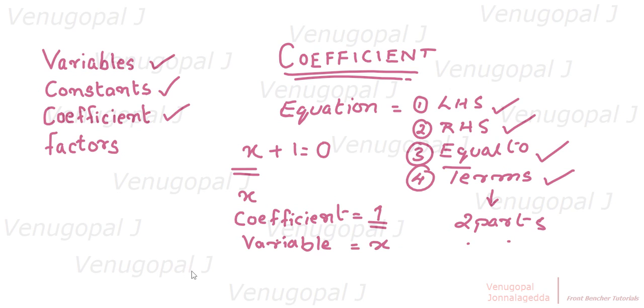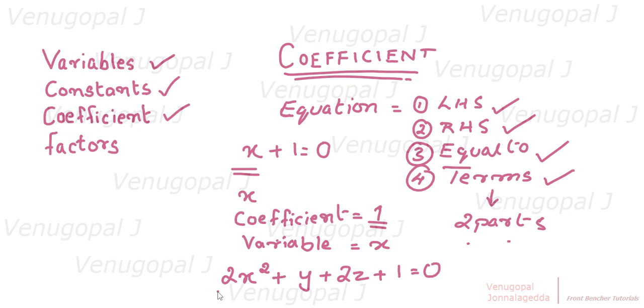And I'll go to a quadratic equation. You'll learn about quadratic equations later on. I'm just putting another equation here. Just consider this as an equation. 2x square plus y plus 2z plus 1 is equal to 0.